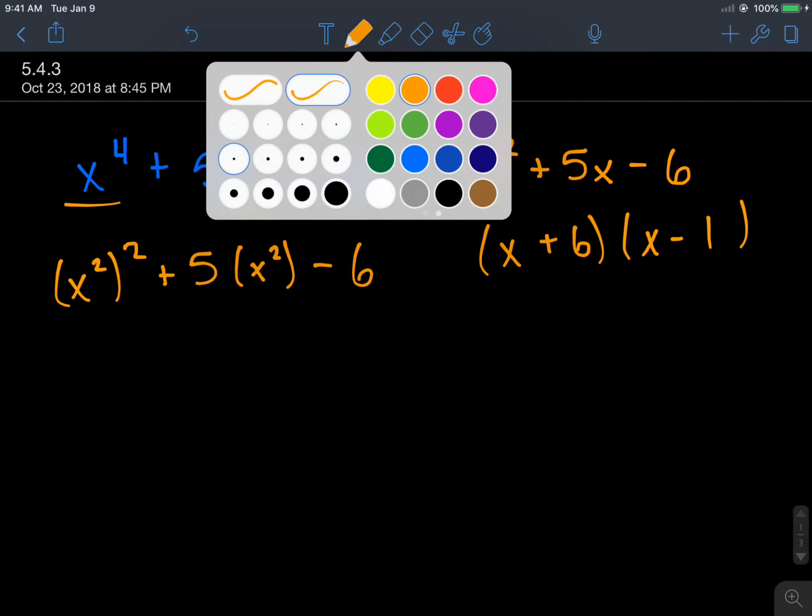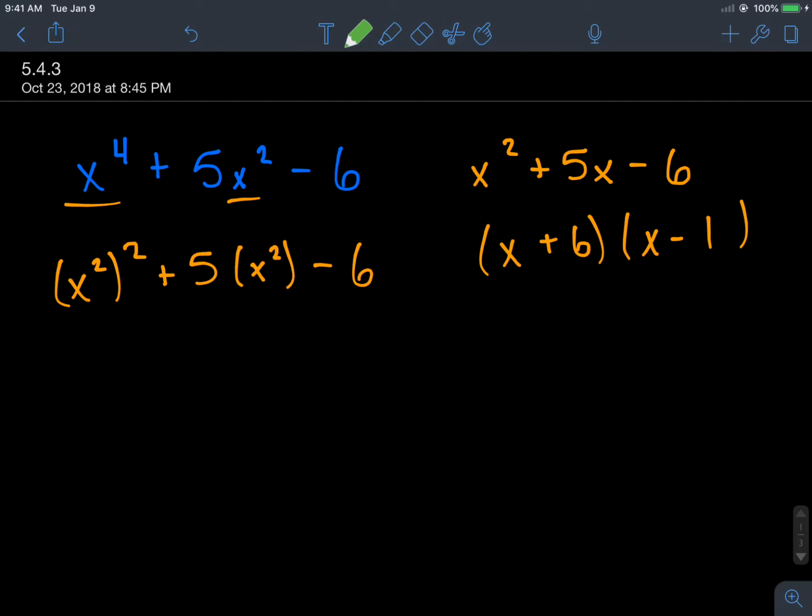So we really do have something squared plus 5 times that something minus a constant. And it looks very similar to that other one, except instead of x's here, it's an x squared that's squared. So if we can make it look like that, then it fits the quadratic form.